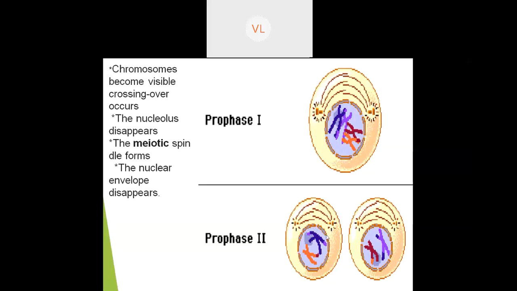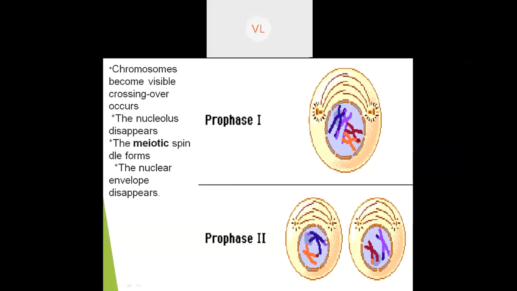Yes, ma'am. Okay, prophase 1, what will happen? You remember that there won't be any more crossing over. In prophase 1, crossing over occurs, meaning one chromosome will be attached to the other chromosome. But in prophase 2, there won't be any more crossing over.